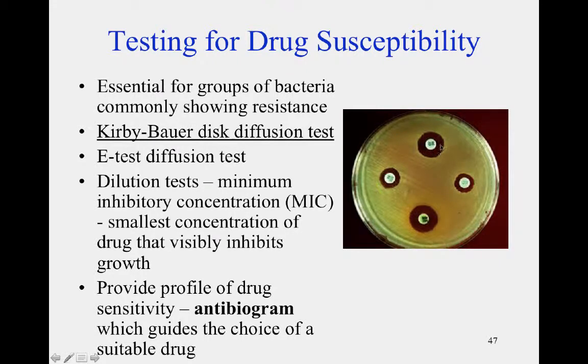If it does, you would see what we call a zone of inhibition. The larger the zone of inhibition, the more effective the antibiotic. If you don't see any zone, you know that it's resistant. So this is a routine test that's done.